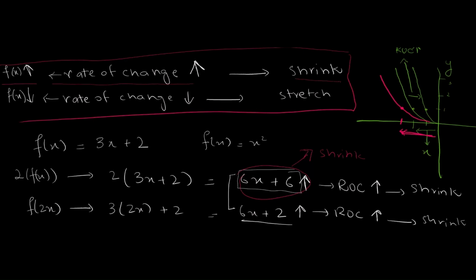The larger the increase in f(x), the larger the rate of change and the larger the shrink. And if f(x) decreases, the rate of change also decreases and the function stretches. The greater the decrease in f(x), the greater the decrease in the rate of change, and so the stretch would be bigger and the function would spread out more.